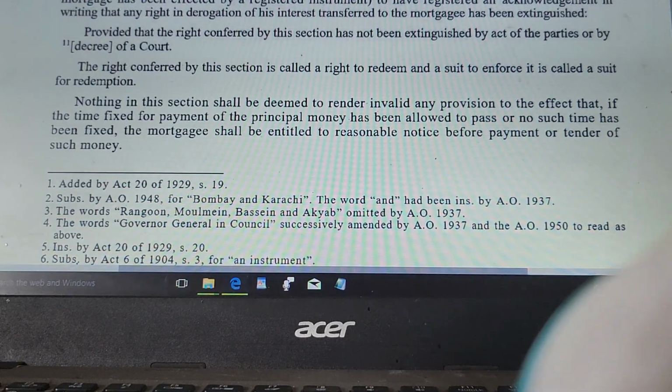The right conferred by this section is called a right to redeem, and a suit to enforce it is called a suit for redemption.